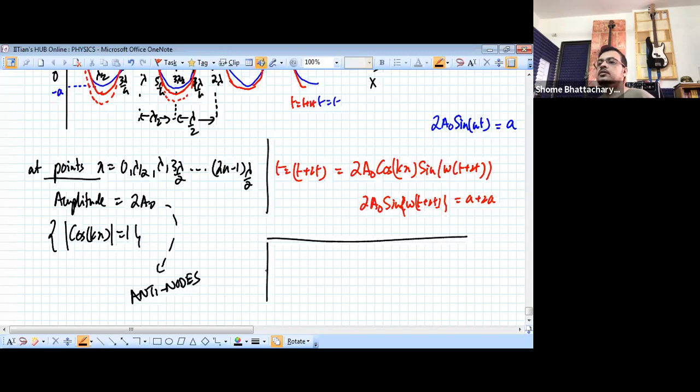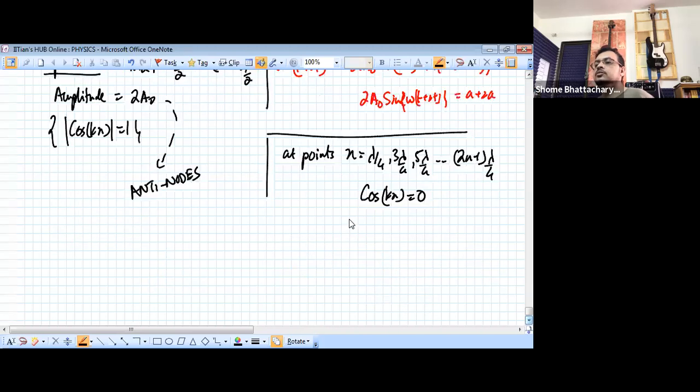Whereas if you look at the alternate set of points, odd multiples of lambda by 4, you can see that cos kx is 0. So their amplitude is 0. So they are fixed points. They are not moving.